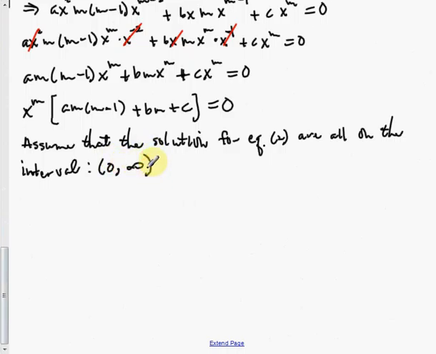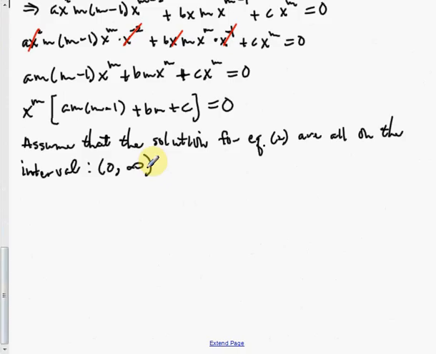You can assume that the solutions will be on the interval from negative infinity to 0, open, or from 0 to positive infinity. If you're dealing with real-term situations, then it might not be to your advantage to assume that the solution will be on the interval from negative infinity to 0. But it would be to our advantage to assume that the solutions would be on the interval from 0 to positive infinity. Here's the hiccup.